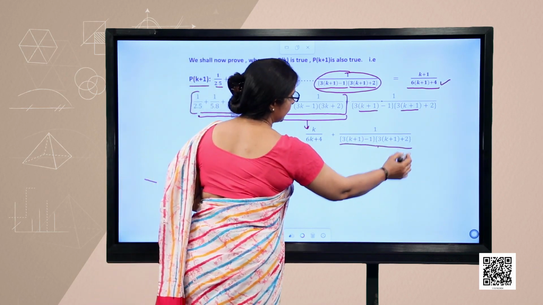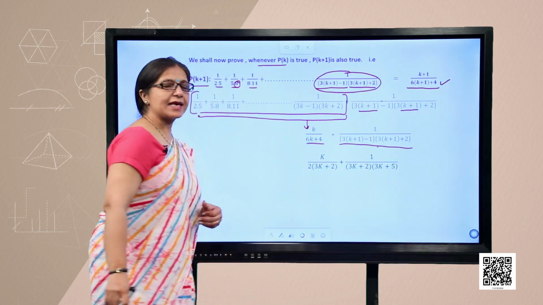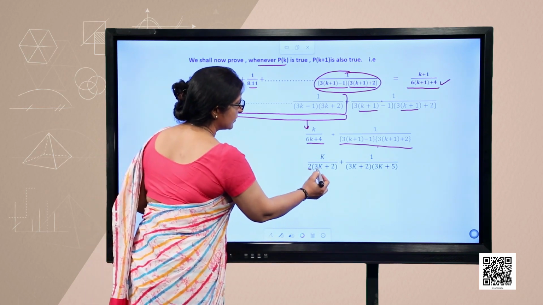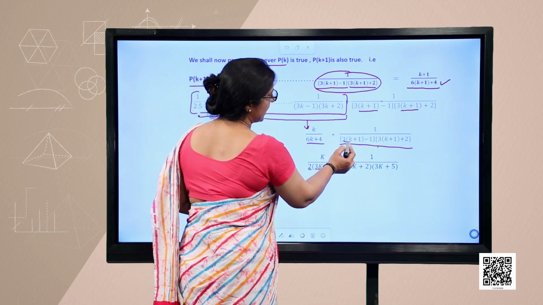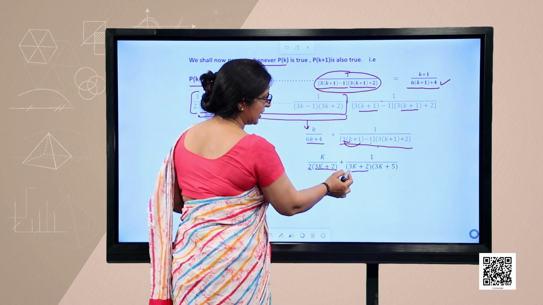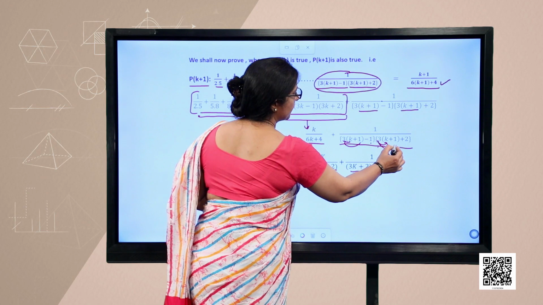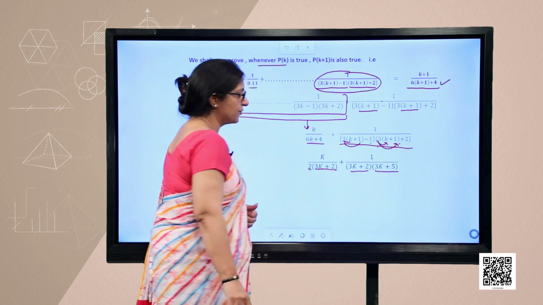We will be adding. We can split 6k+4, by taking 2 outside, into 3k+2, and solving this, 3k+3 minus 1, which will give us 3k+2. When we open this, 3k+3+2, which will give us 3k+5.